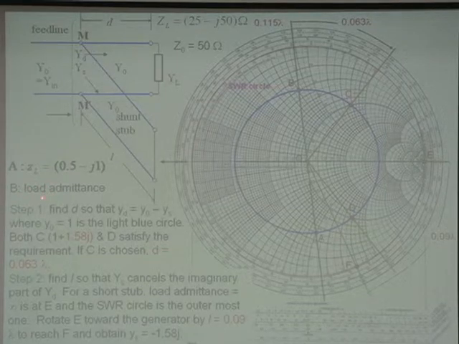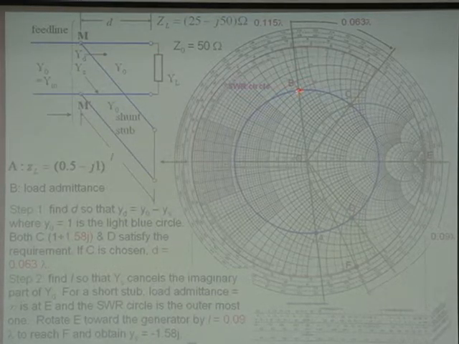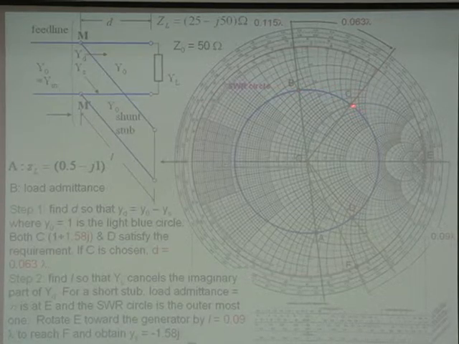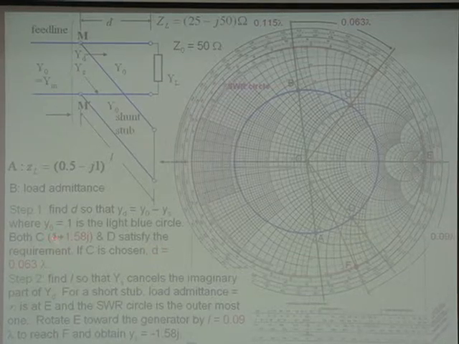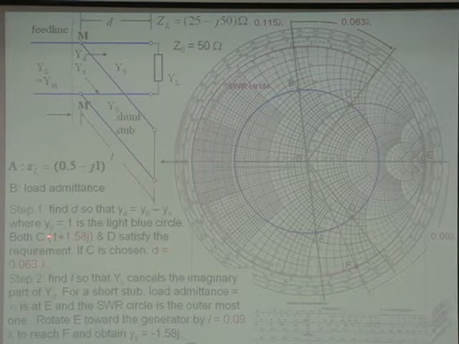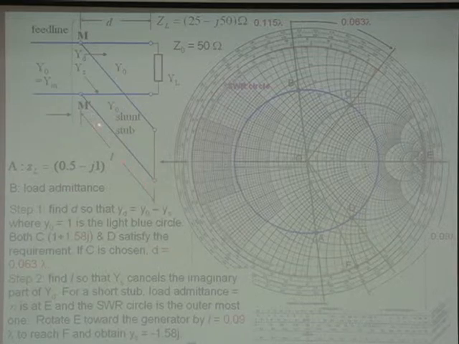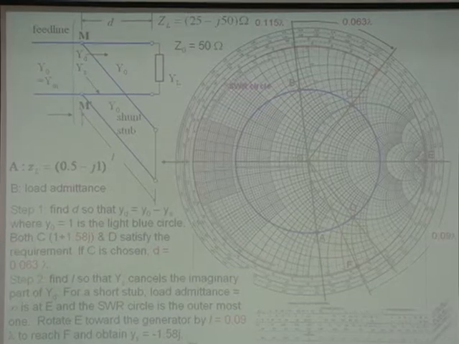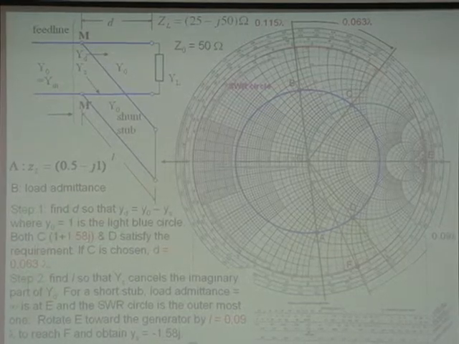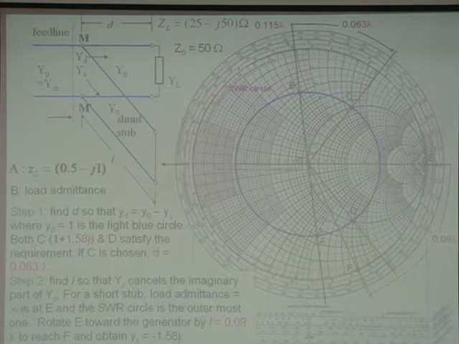So there's some real part of it, okay, and then you want to determine D, so you move this B on the SWR circle to find the point where the real part of the input admittance is equal to 1. And then whatever you have for the imaginary part, you design a length of this shunt stub to cancel out this. So this is the design rule step 1, 2, 3.